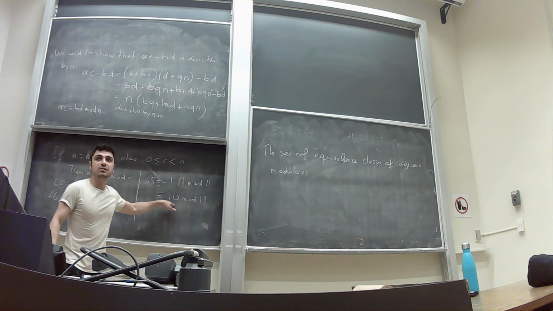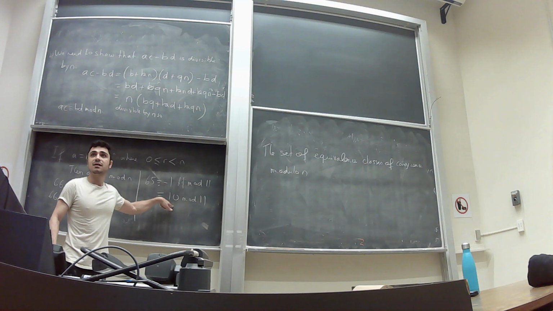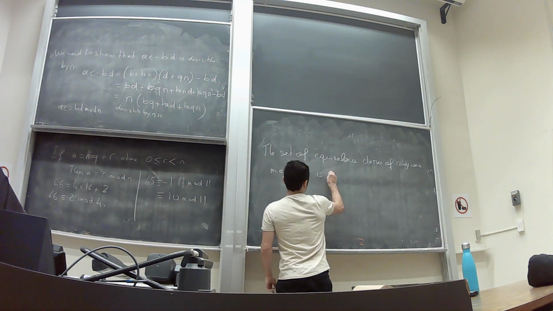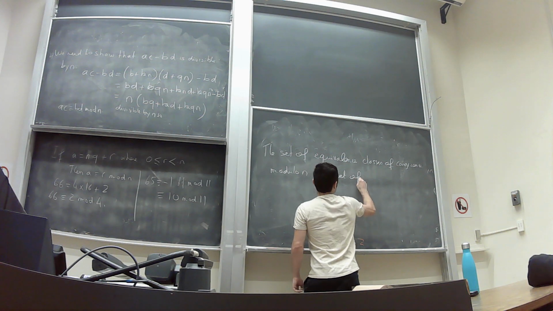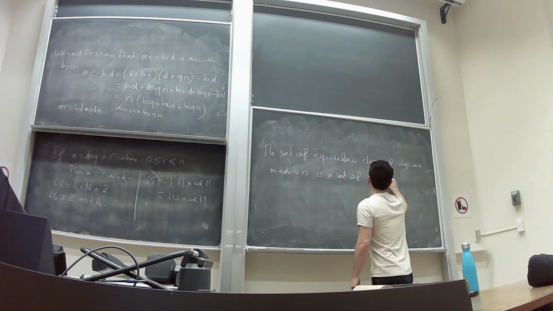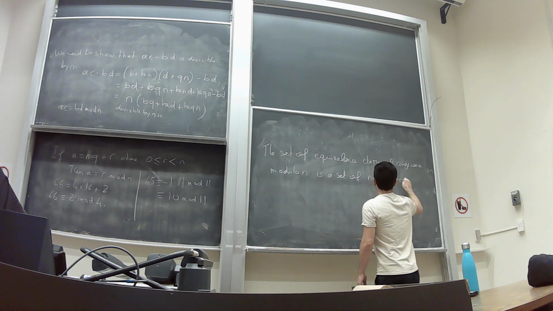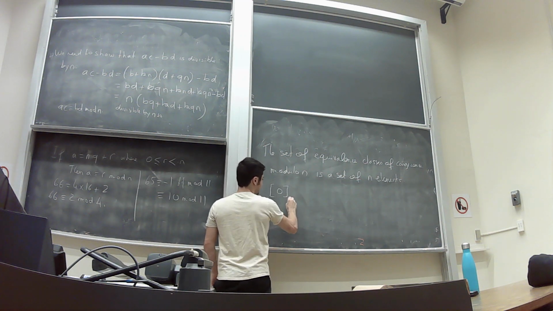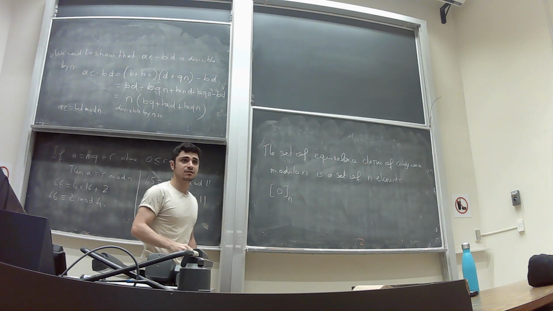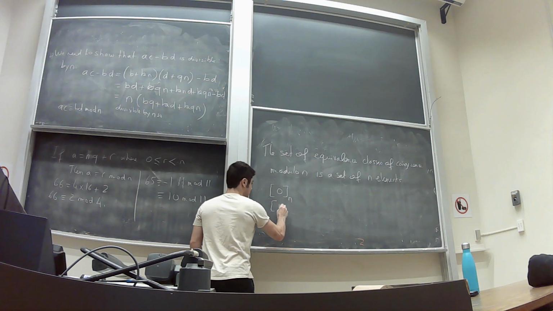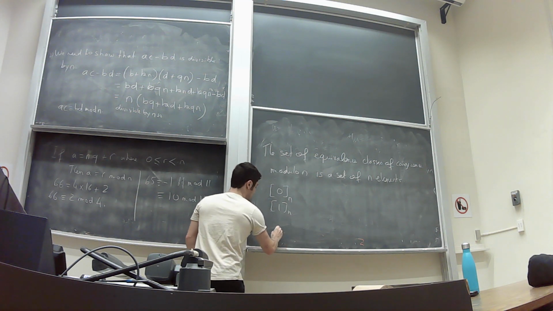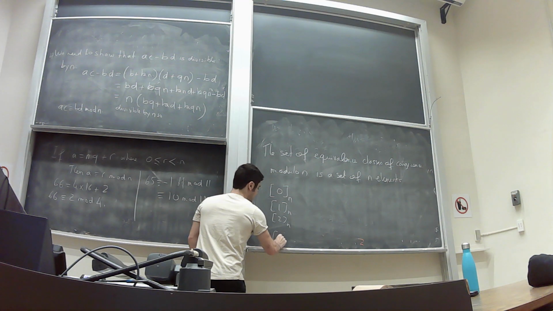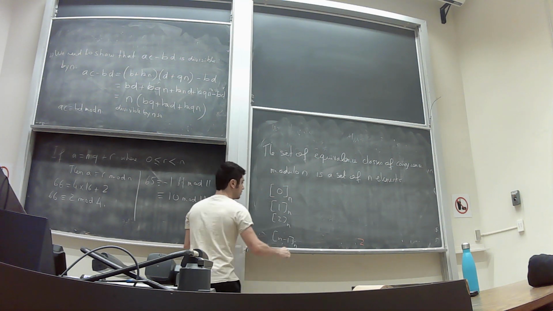How many possible remainders can you get by dividing by n? It is a set of n elements that could be represented by the class of 0, the class of 1, the class of 2 mod n, and then the last one is the class of n minus 1 mod n.